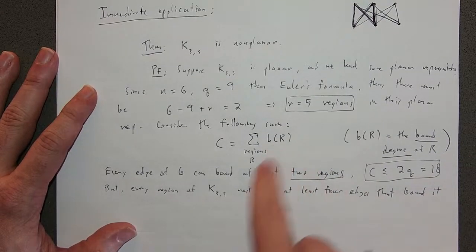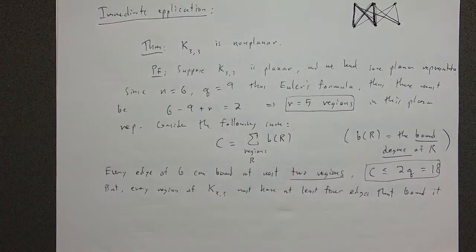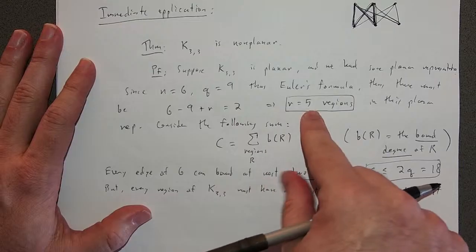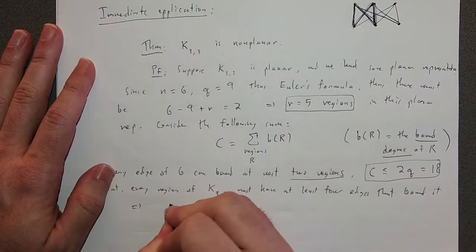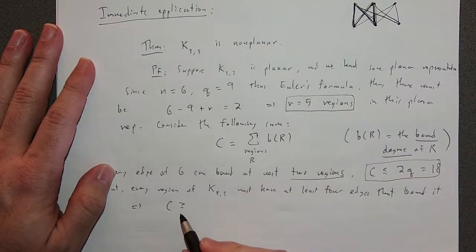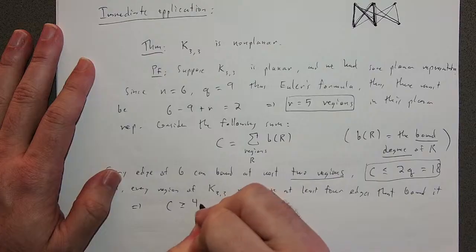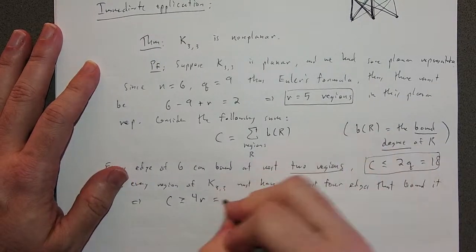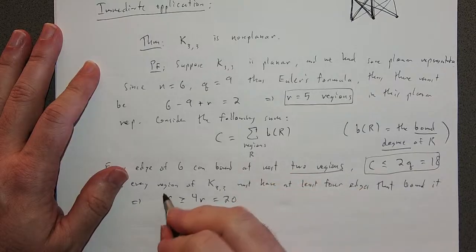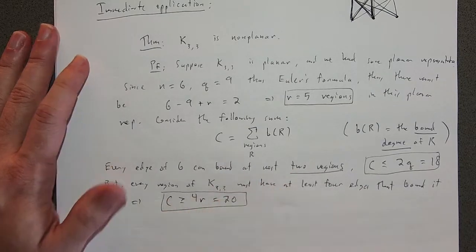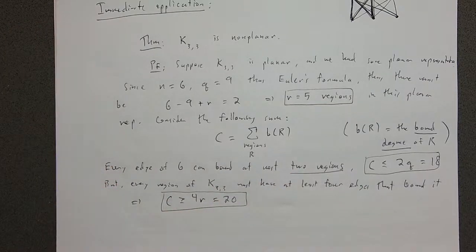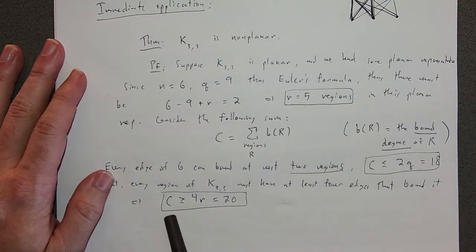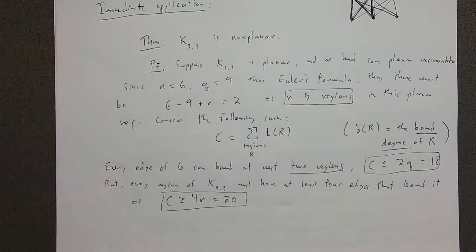So the bound degree is always at least 4, but there's five of these regions. So this implies that C is greater than or equal to 4 times the number of regions, but the number of regions is 5, so this is 20. So this sum over the bound degrees is less than or equal to 18, but simultaneously greater than or equal to 20.